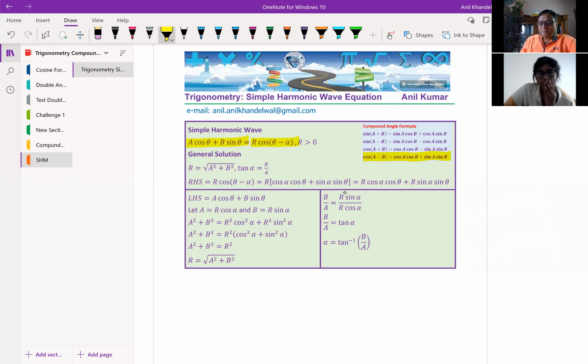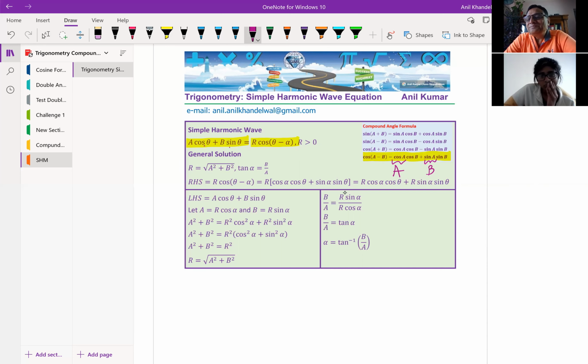Now, if you compare cos A cos B and sin A sin B with what we have here, what can you say? Well, this can be A and this could be B. So if I make cos A as A and sin A as B, I get the same equation.